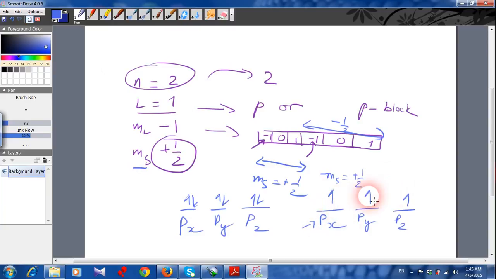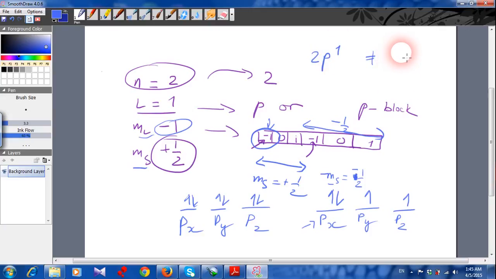When we have another electron in the same orbital, ms will be negative 1/2. The question is ms is positive 1/2 and ml is negative 1, so we choose here. That means we talk about 2p1.